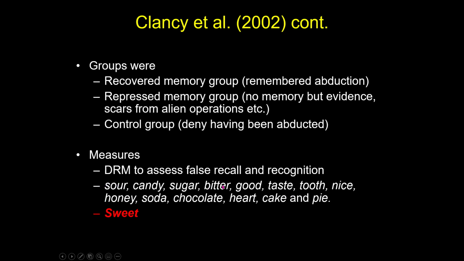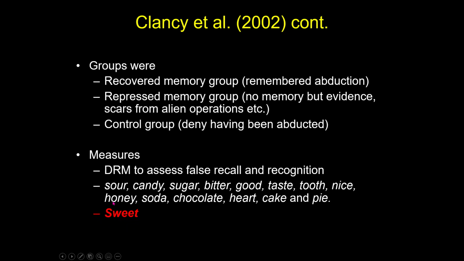Now, these are indeed all different words, but they've all got something in common, right? There's a common theme amongst them. They could be desserts or candies or sweet things that we like to eat. And when you ask people to recall a list of words like this, what we find is that because these words are in a category, sometimes people make a mistake by adding in something that looks like it could be in the category, but it really wasn't.